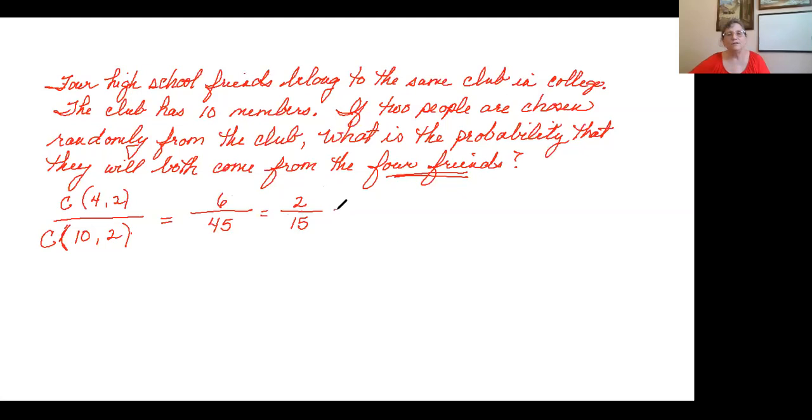So the probability is 2/15, or if they just want to go ahead and divide that out, that is 0.1333 forever. So there's about a 13% likelihood that the 2 would be from that group of 4. This is not too low, but these 4 friends make up almost half of the club, so that's not too unusual. That's how you work these problems.